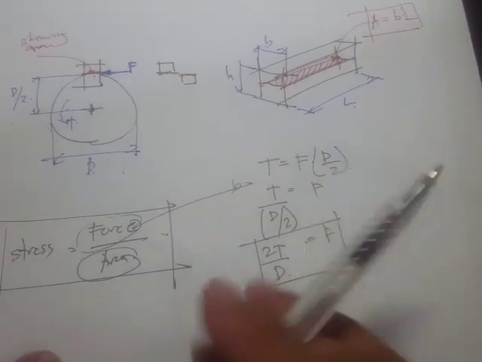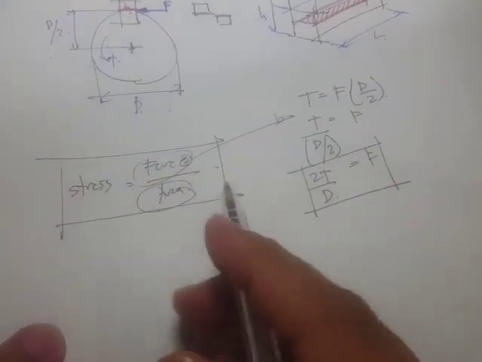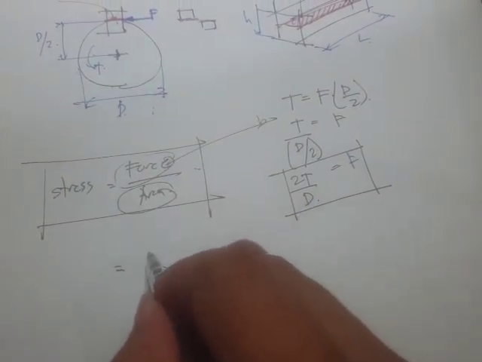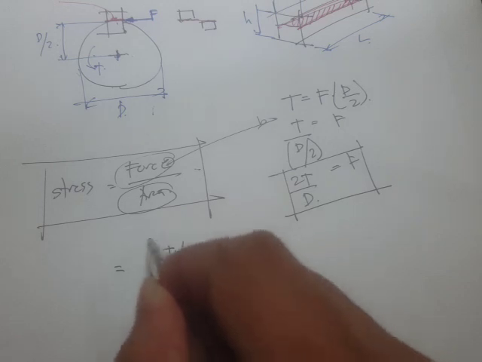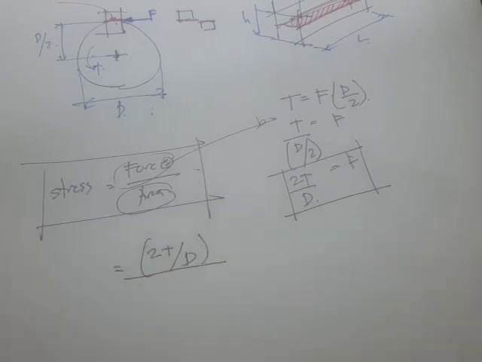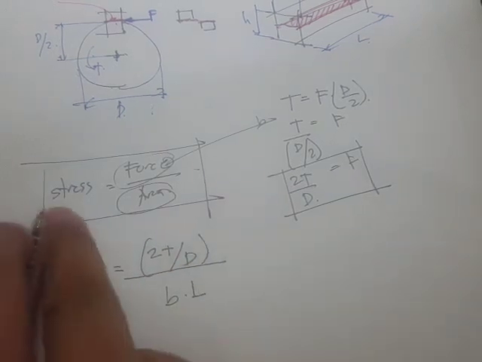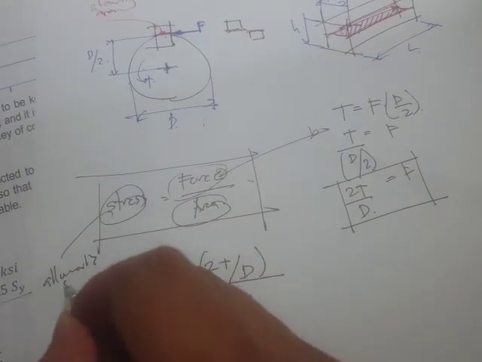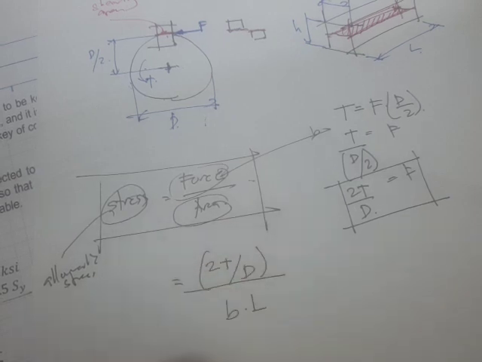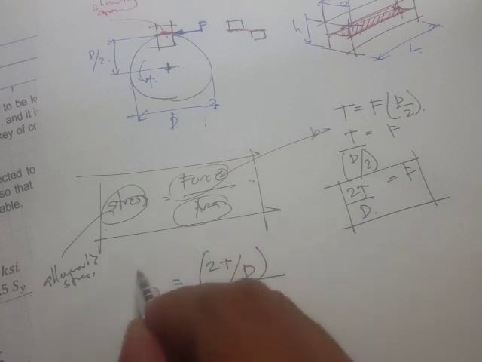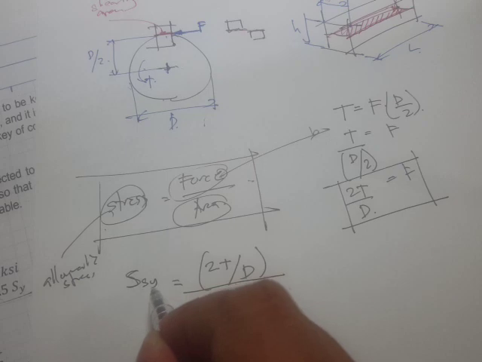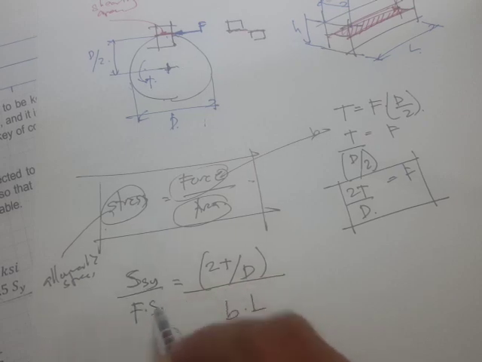If we substitute that, we'll get 2T all over d in the numerator, divided by the area, b times L, and here the stress will be the allowable stress, which, if this is shear stress, will be the shear yield strength divided by the factor of safety.